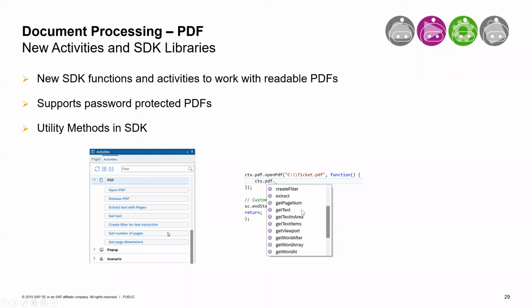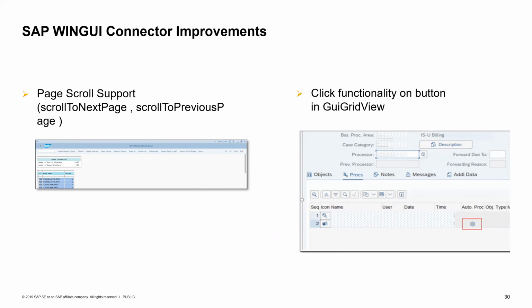You can open a PDF, get text, get the text of a page, get a regex element, etc. There are a lot of activities that we have published. On top of that, you can also use the library directly, because there is additional functionality available in the SDK directly. So these are the improvements that we have for PDF processing.